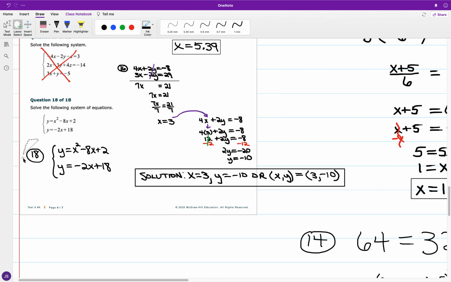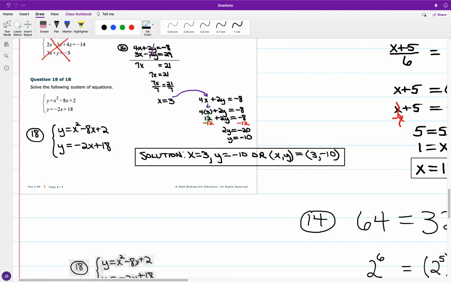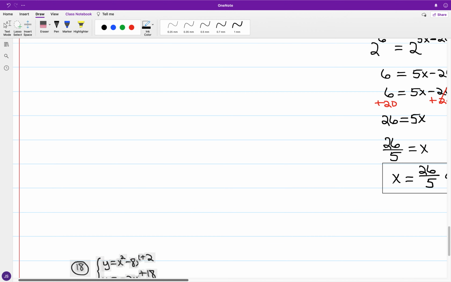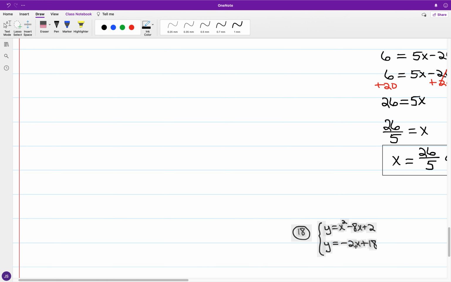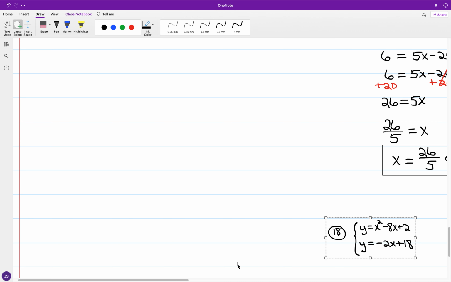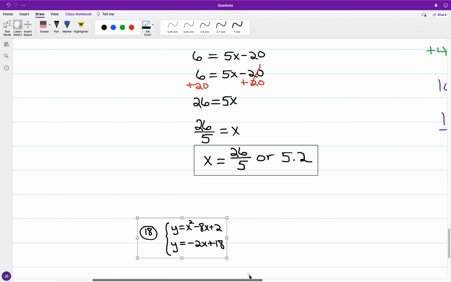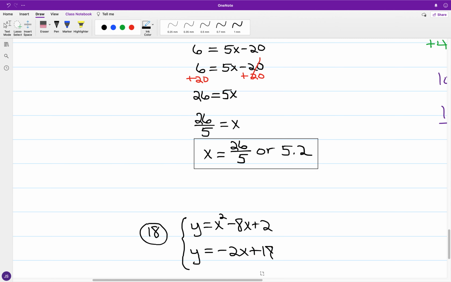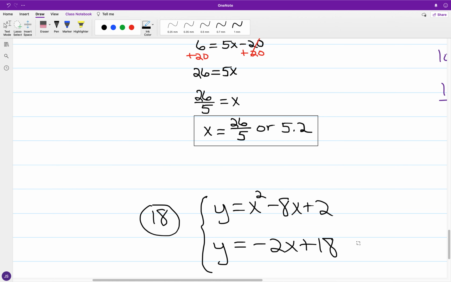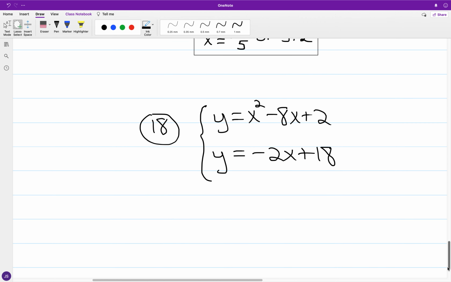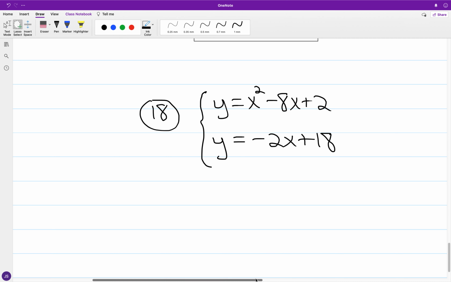And just looking at what we have for number 18, so looking for those values of x and y that will belong to both equations in the system. And the results might surprise you a little bit.